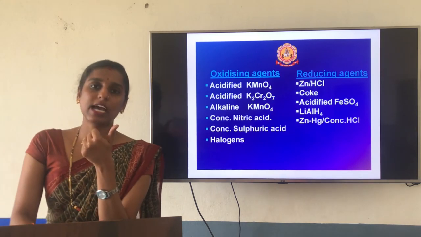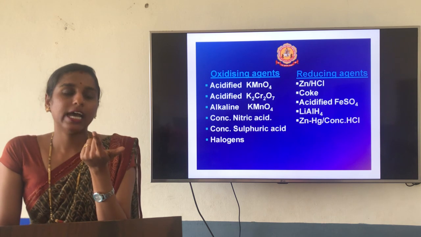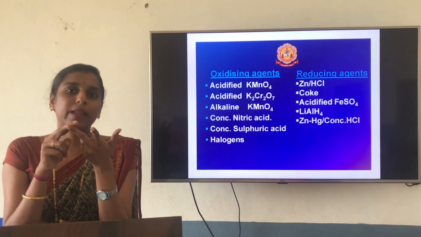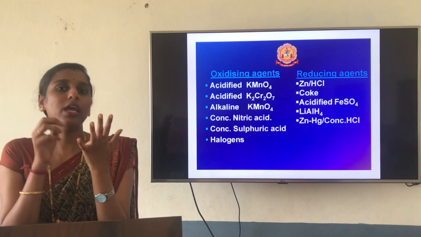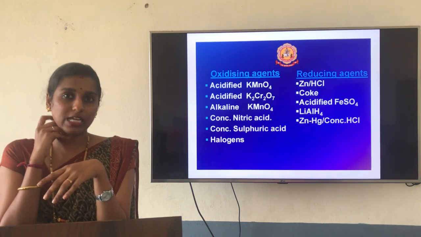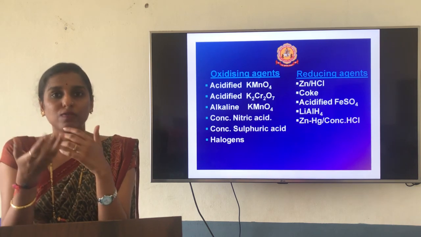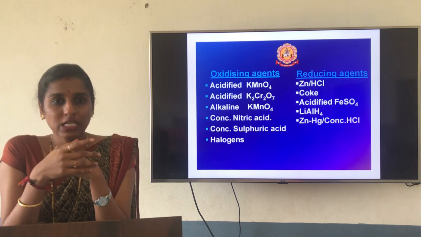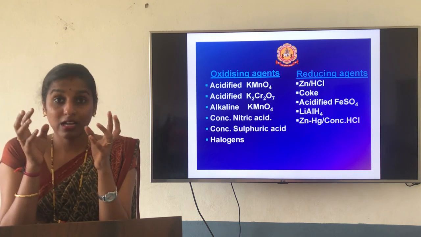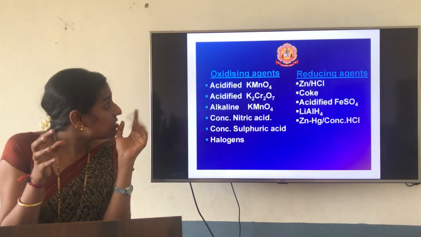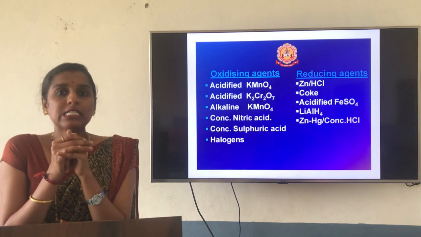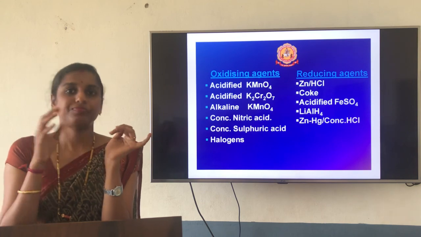Combination reaction you have learned, and decomposition reaction, displacement, double displacement and redox reaction. Mainly redox reaction goes with oxygen, hydrogen as well as the number of electrons either lost or gained, and lastly it goes with oxidizing as well as reducing agent. Thank you.